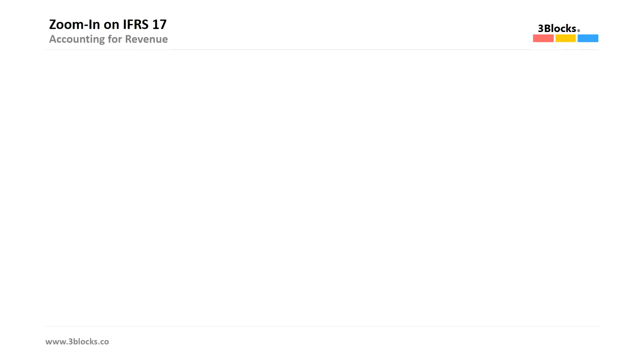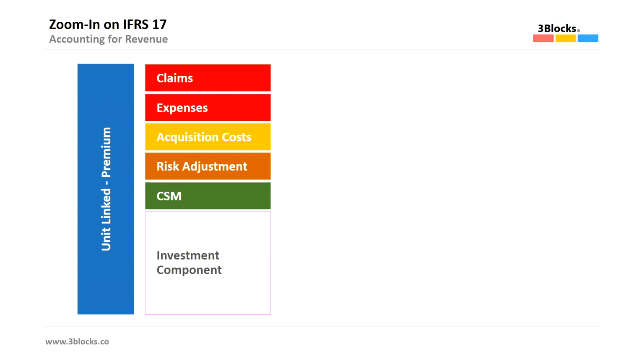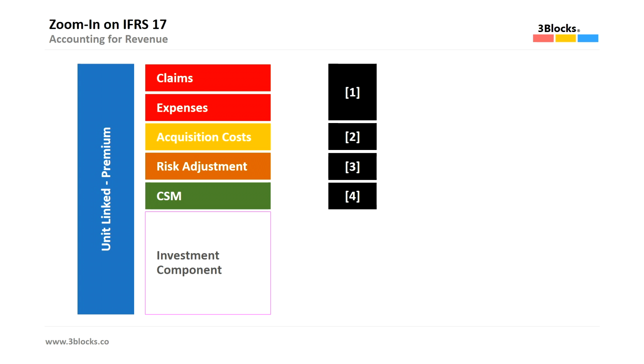Before we move to the accounting journal entries for revenue, let's look at the relation between premiums and revenue in case of the unit-linked product. Under IFRS 4, the whole amount of this premium is recognized as revenue, while under IFRS 17, we only take into account these four components I talked about earlier.